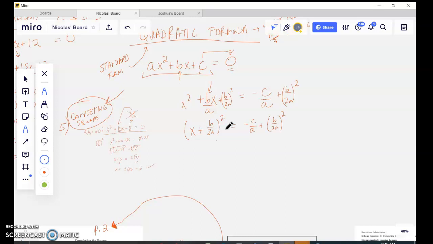Now that we have this, we know how we get x. We need to square root both sides. That gives us x plus b over 2a equals plus or minus the root of all of this crazy looking junk.